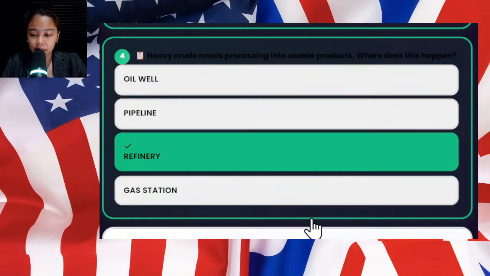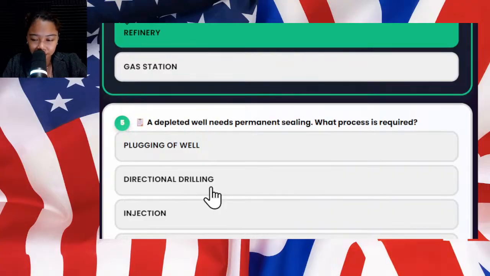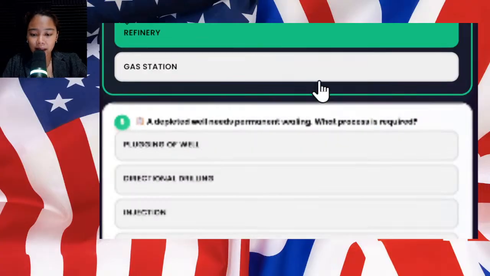Now let's go back to the different options. Oil well is for extraction, pipeline is for transportation, refinery is for processing, gas station is for selling. Okay, now let's move on to number 5.